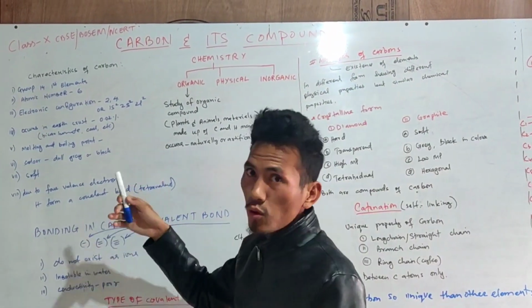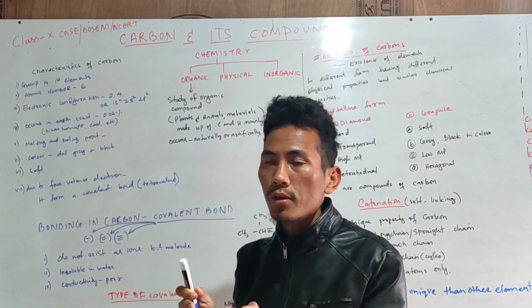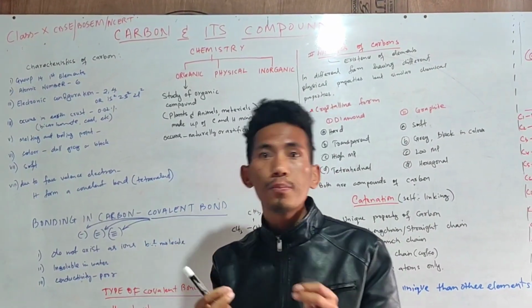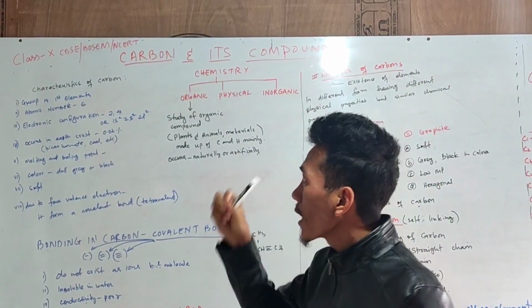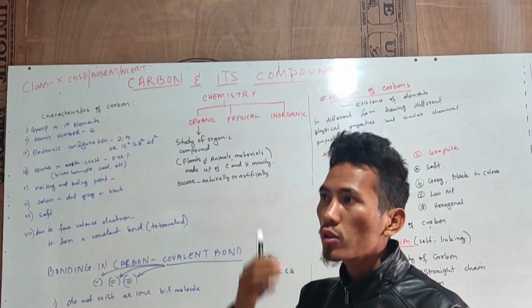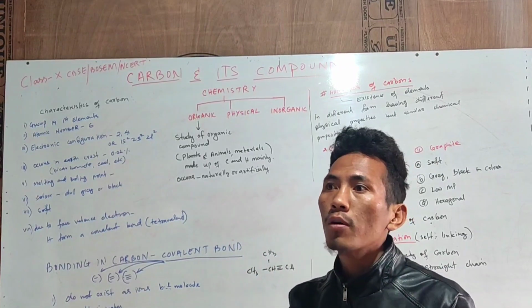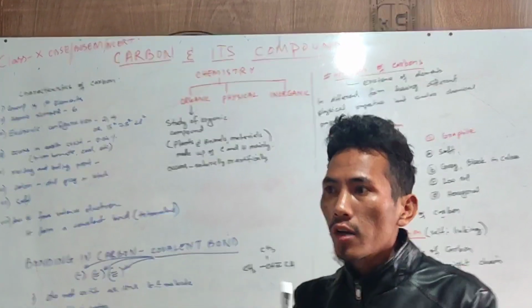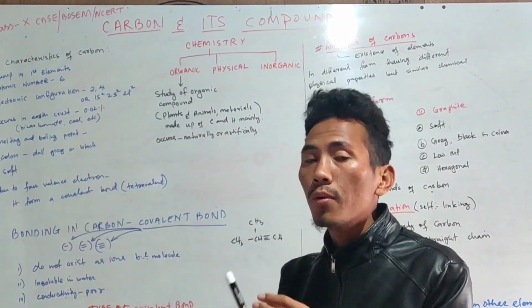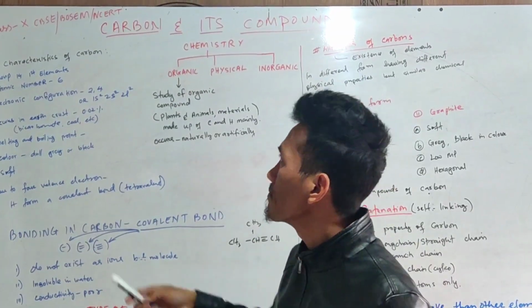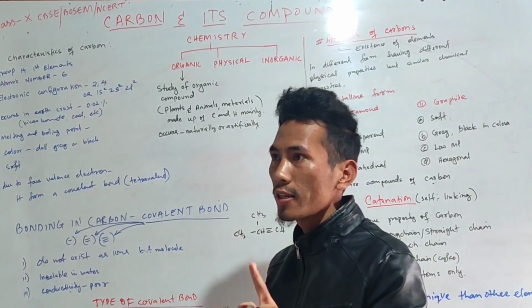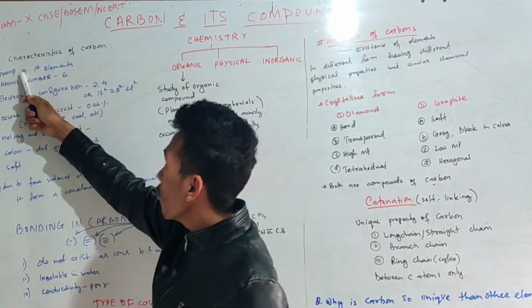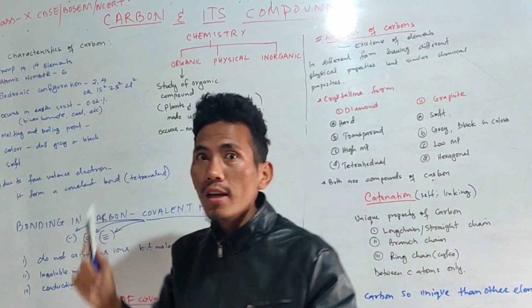Now let's talk about carbon, because in this video carbon will be our main hero. We should know the characteristics of carbon, because we are going to talk about carbon and its compound. As we all know, carbon is a group 14 element.